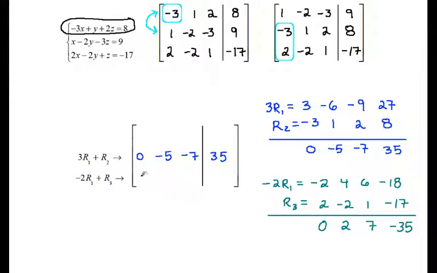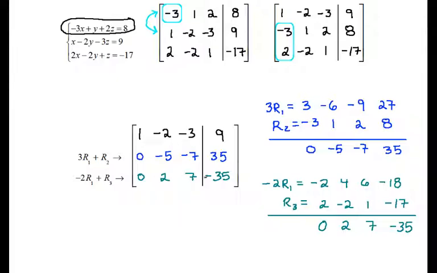So this goes in the position of row 3: 0, 2, 7, -35. And my row 1 didn't change throughout all of this, so I'll go ahead and copy it down exactly as it is: 1, -2, -3, and 9.